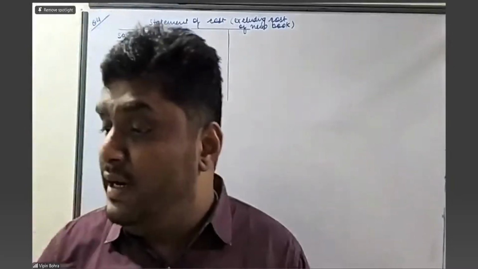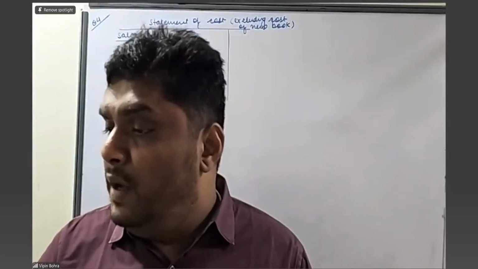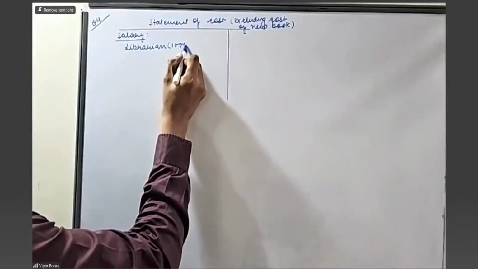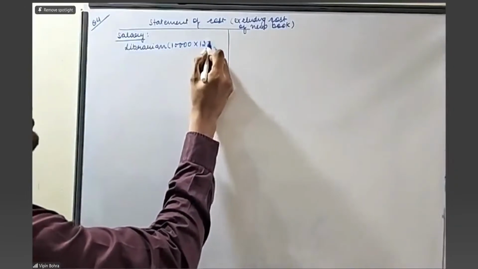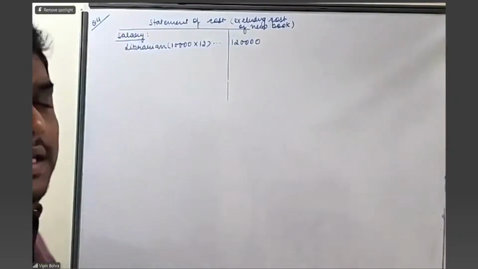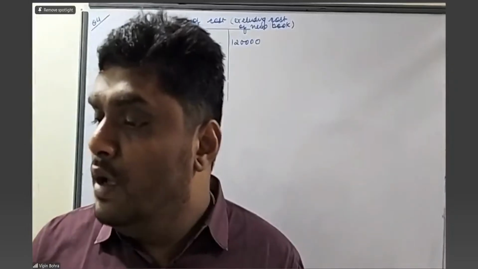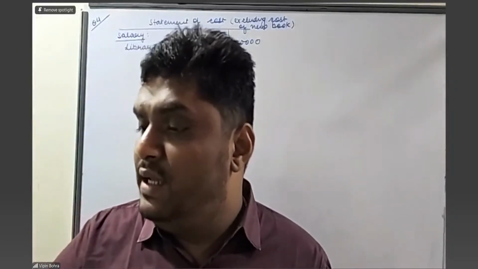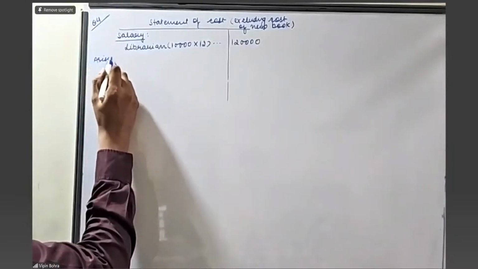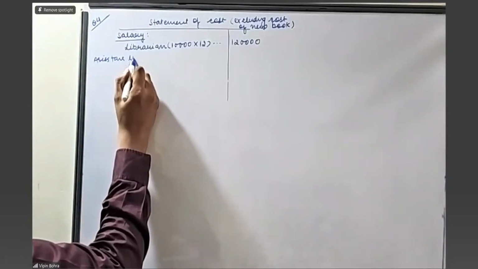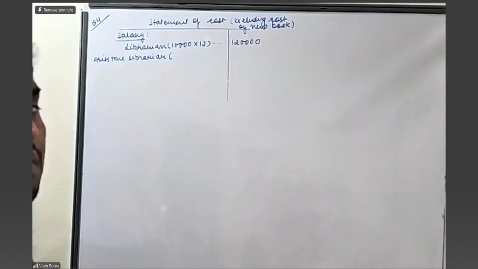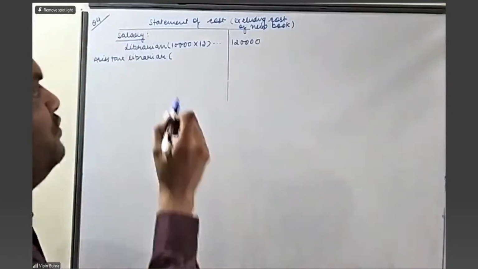Wherein librarian salary, it is 10,000 per employee per month. So 10,000 into 12, 1,20,000. Assistant librarian, it is 7,000 per month. 3 employees are there. 7,000 into 3 into 12.